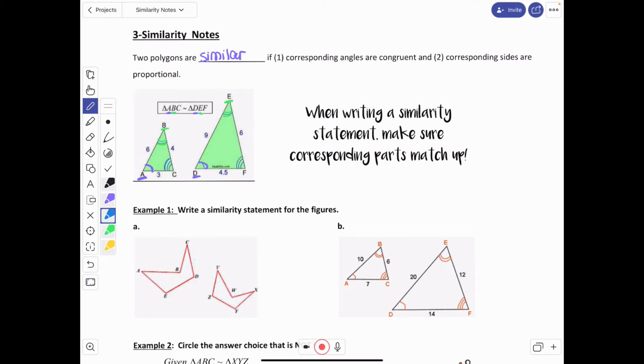And then when you see angle C, they both have 3 marks through it. Those are the same measure. So C and F are both listed last. So they would have to match up. So if it's ABC, you have to say DEF. If you said DFE, that would be wrong. So you can't change up the order.